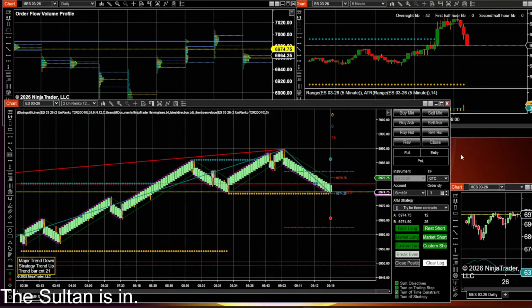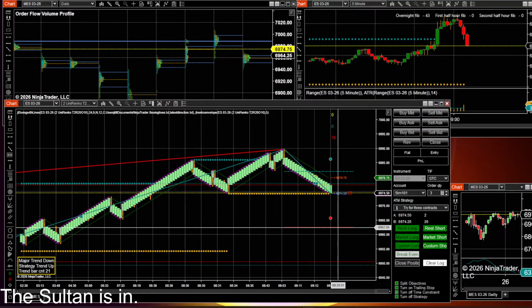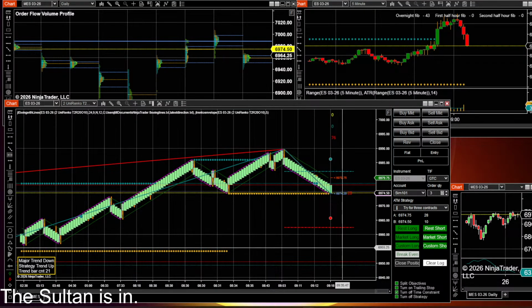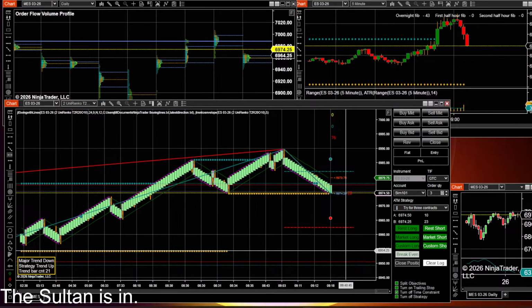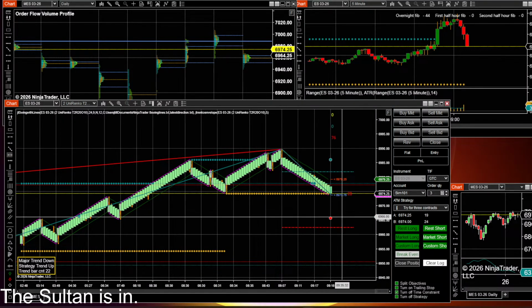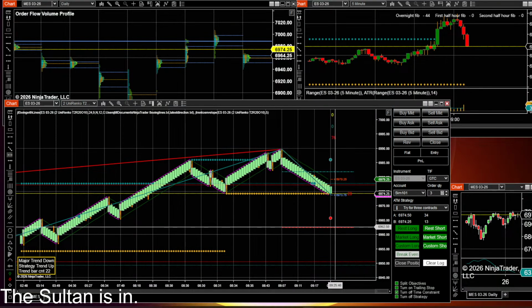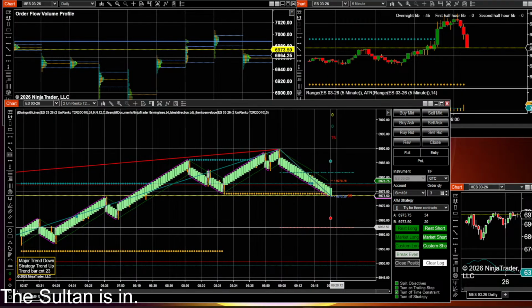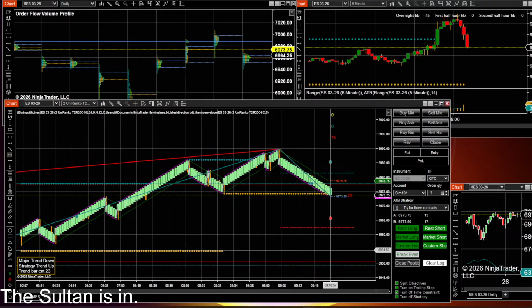Otherwise, we have support down here at the 50% on the major trend at 62.50, and after that, 54.25. If you're of the short mind, then you would want to think about taking profits at those levels.